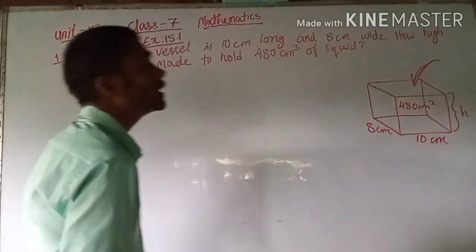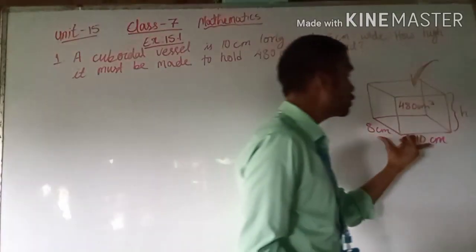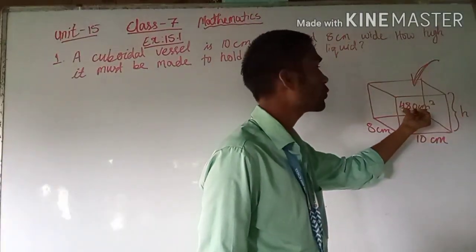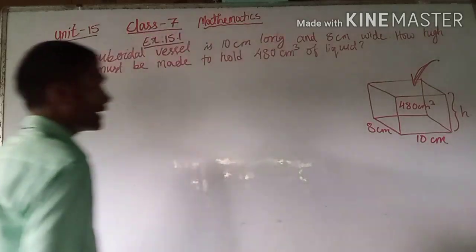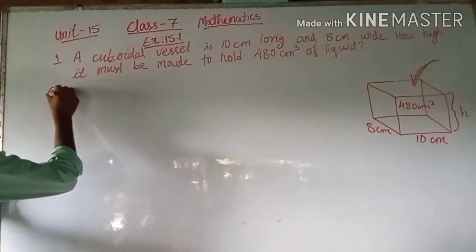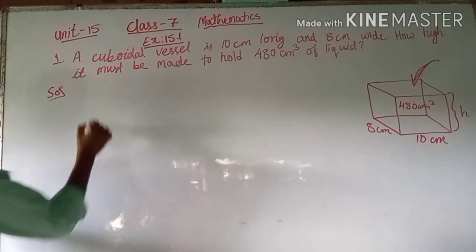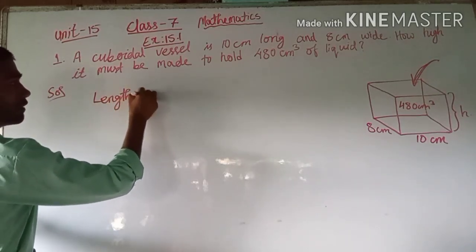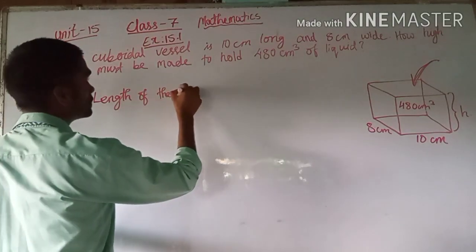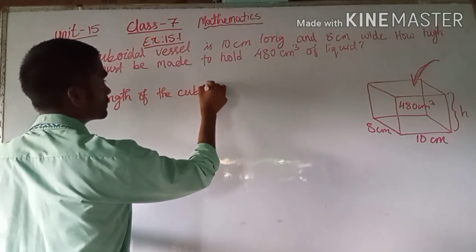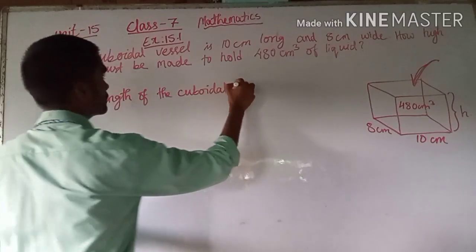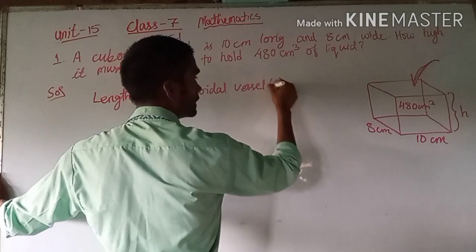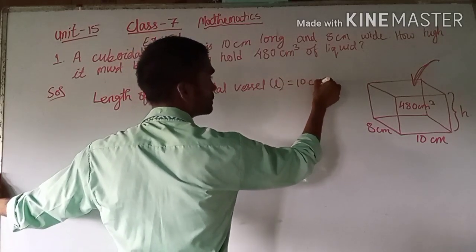So what we will do is make the volume of this vessel equal to the volume of the liquid it can hold. First we write the length of the cuboidal vessel, that is L is equal to 10 cm.